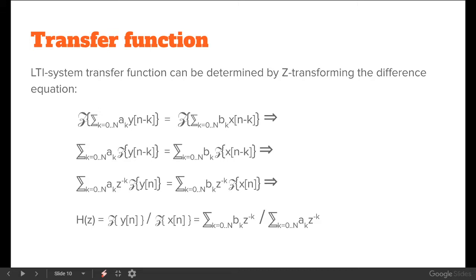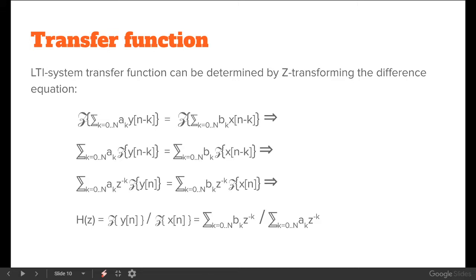There's a time shift operation, meaning that Z transform works, for example, x[n-k] is the same as z to minus k times Z transform of x of n. There we go.